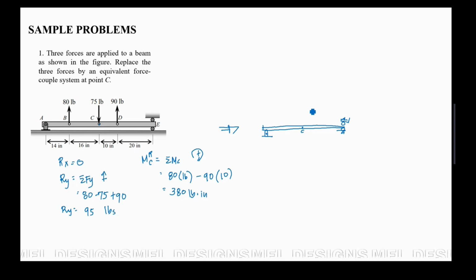Therefore, it will be directed upward. So this will be our Ry, which is equal to 95 pounds. And then our moment is also positive. Therefore, we have clockwise. So the moment is equal to 380 pounds inches. Okay, so this will now be the equivalent force couple system for our problem.